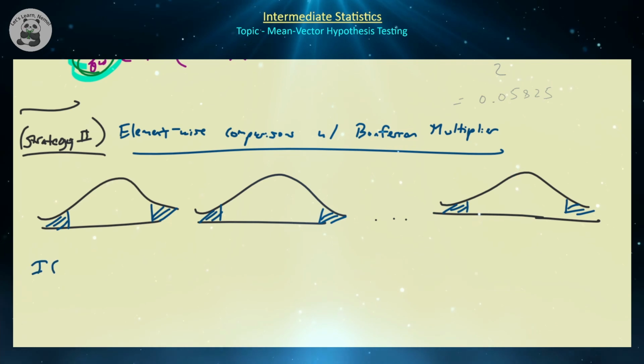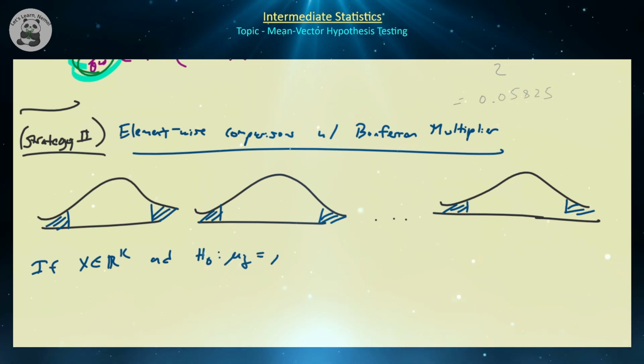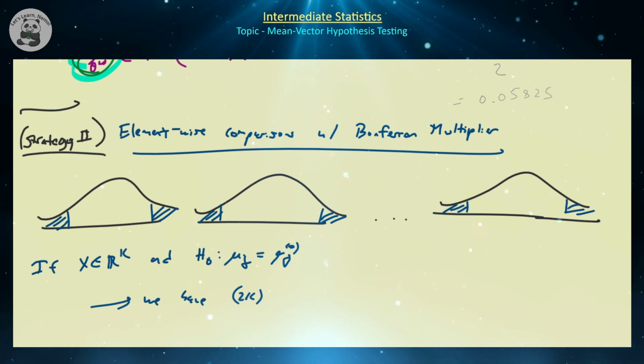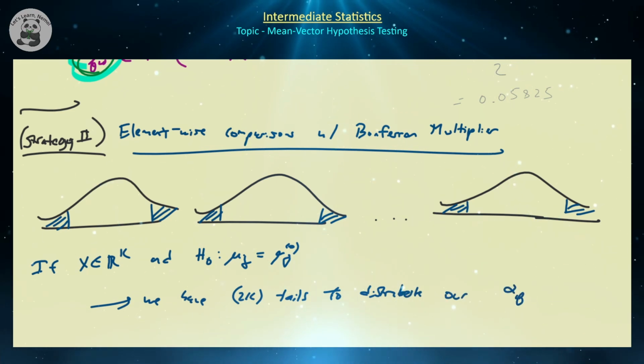So let's assume we have that x is associated to R^k. And of course, let's assume that mu j is not equal to mu j0, so two tails. So then that means we have 2k tails to distribute our family-wide alpha over, right?